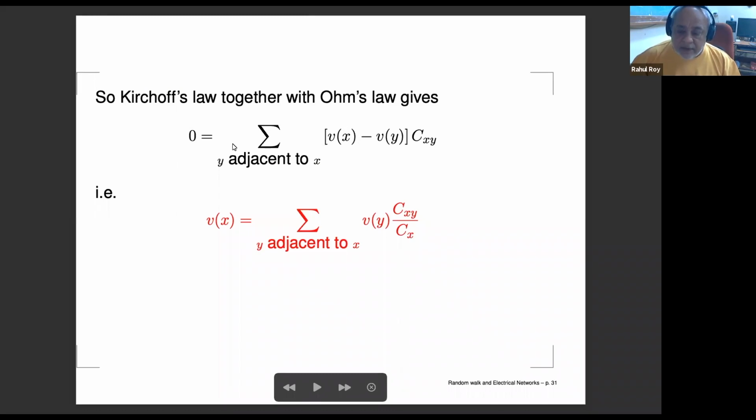Vx can come out of the sum to give me Vx times the summation of Cxy, which is exactly Cx. So Vx times Cx equals the summation of Vy Cxy, or bringing Cx down, we have Vx equal to the summation of Vy Cxy divided by Cx. I hope this is clear, because the summation of Cxy over y is nothing but Cx, the conductance of a vertex x.